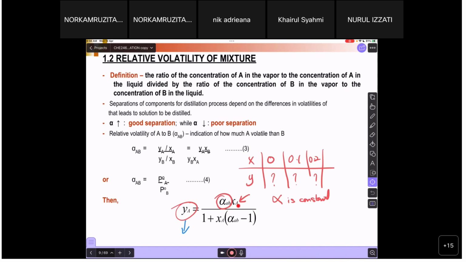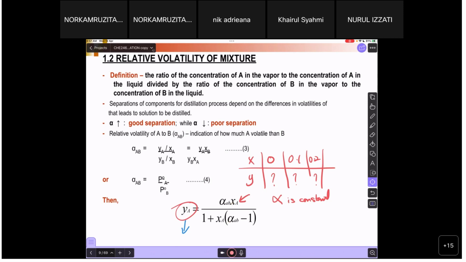When you know the value of x, you know the value of y. So you can only use this equation to find the equilibrium data if you have alpha, where alpha should be constant in this case.